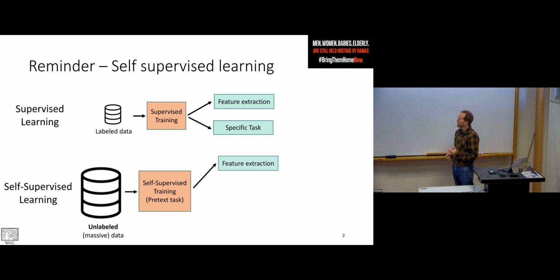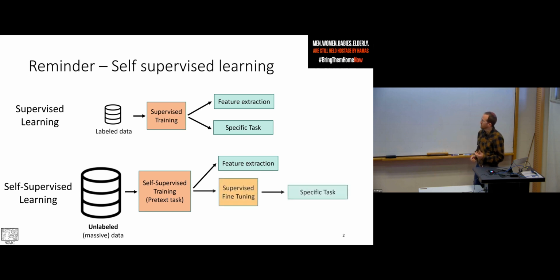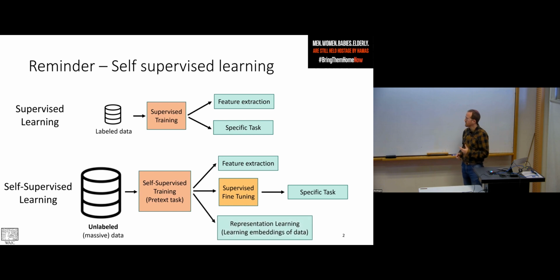And from this self-supervised training, from this pretext task, we get features that, if the task was good, are meaningful and helpful. We can then supervise and fine-tune the resulting features. So we can benefit from the pre-training by fine-tuning with much less labeled data. And we have representation learning, actually learning some structure in the data.